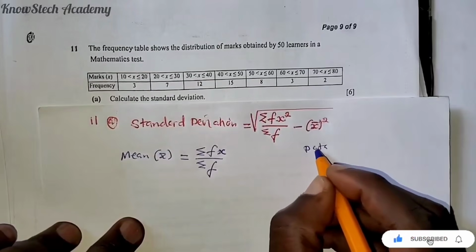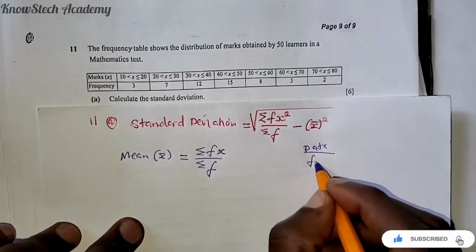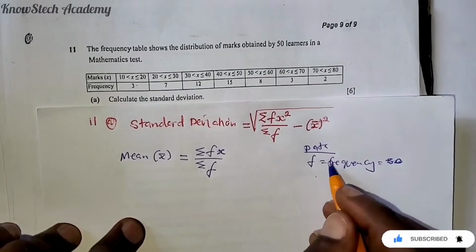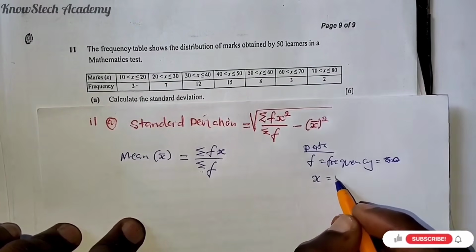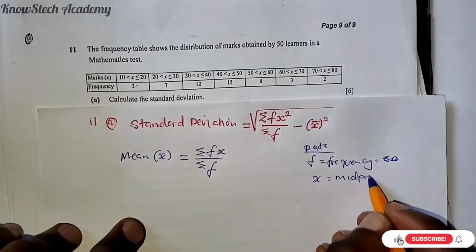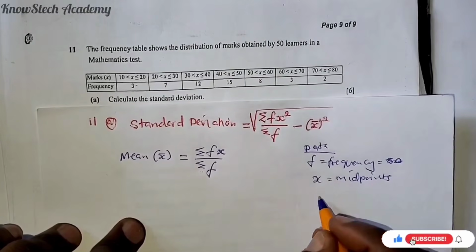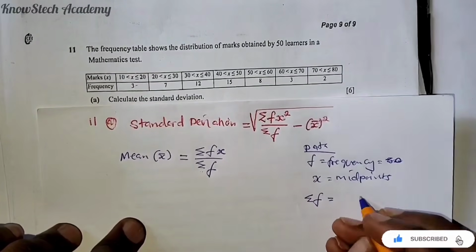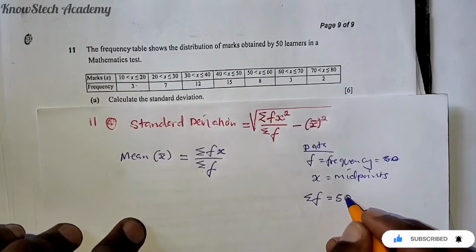When you analyze the data here, f is frequency, x is the midpoint, and summation of f is the total frequency, which is 50.